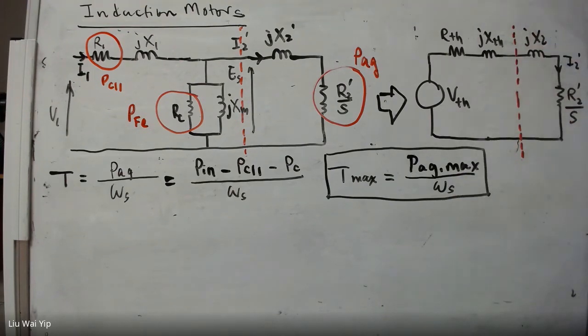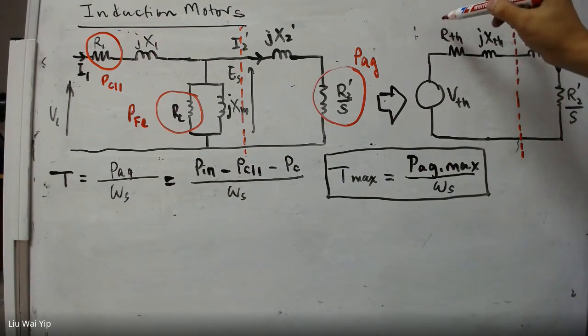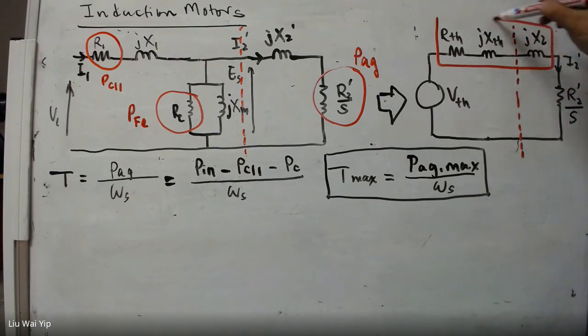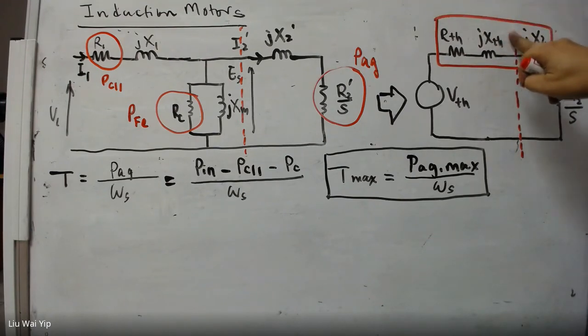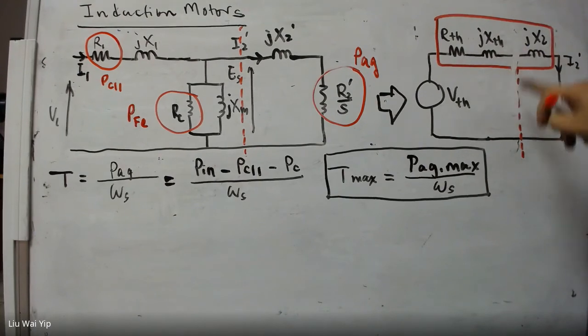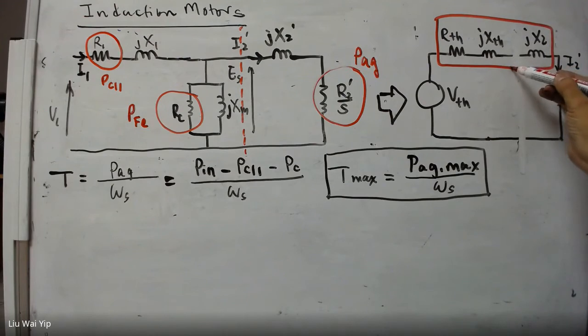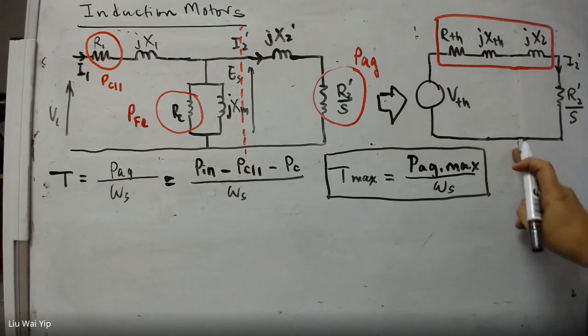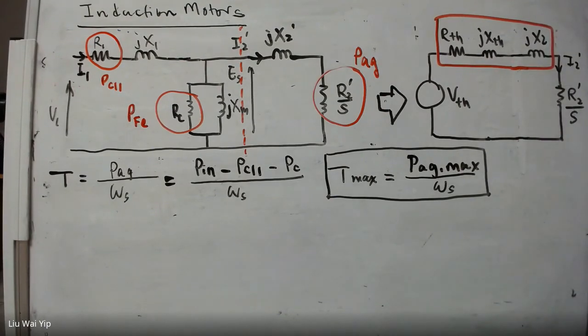Now we are going to maximize the power transfer into this guy. And the impedance that we are dealing with is that much. So we are not going to rely on this line anymore. So this is the circuit.